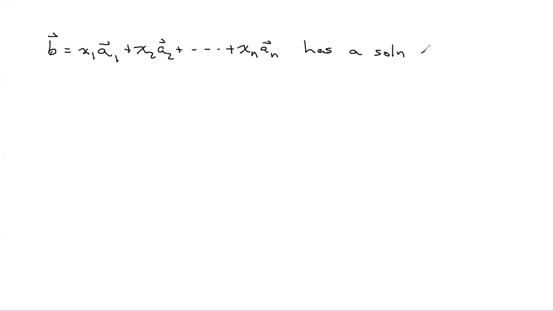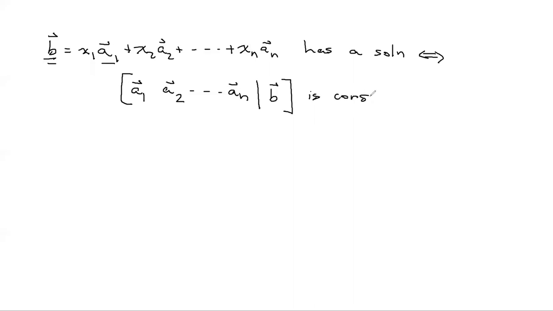If we want to know whether a vector b is a linear combination of, let's say, the vectors a1 through an, this will have a solution if and only if the augmented matrix, where each of the columns is one of our vectors in the linear combination, augmented with the thing we want to know about, b, is consistent.